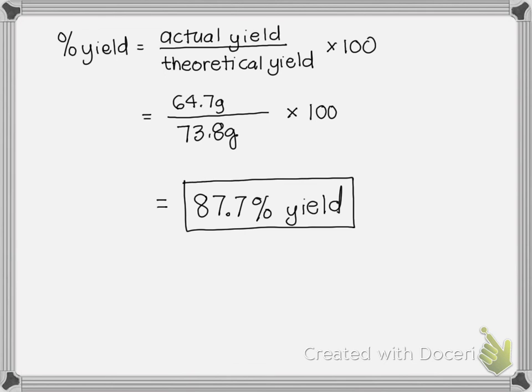So you can see percent yield really just added one step, and that is plugging into this percent yield equation. Otherwise, we calculated the theoretical yield in a similar way to previous problems, and the actual yield was given to us in the problem.